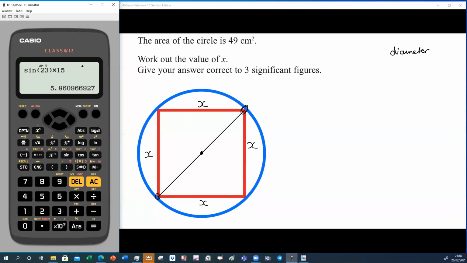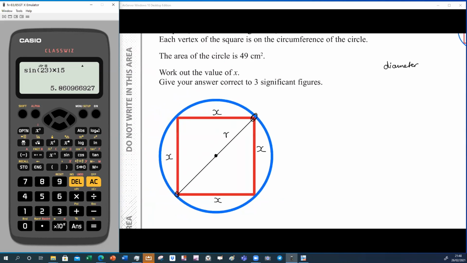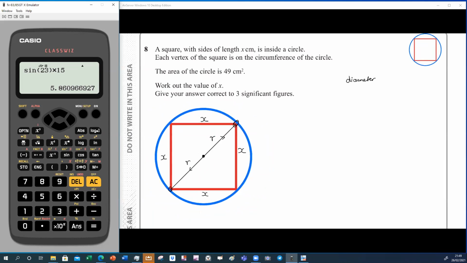Okay, so that's the center of the circle, yeah? So I think we should label R on there, and we label R on here as well. Now we know the area of the circle is 49 centimeters squared. Oh, hang on a second. That's R, that's R.